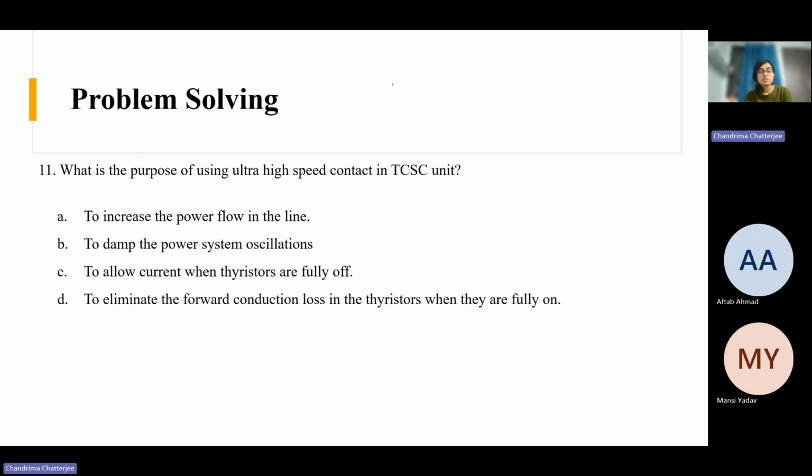Okay, the next question. What is the purpose of using ultra high speed contact in TCSC unit?